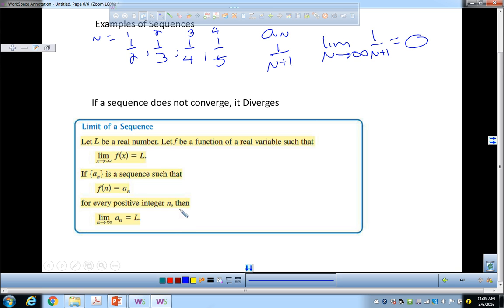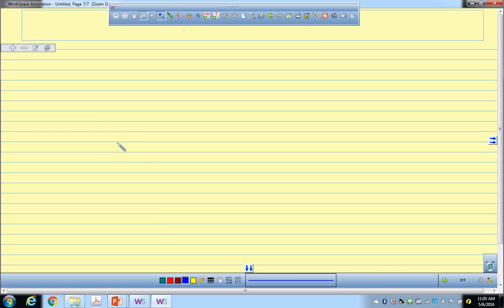Let's try 2 more, and then we'll try one that's a little trickier, and then one that's trickier still. These look very scary, but they're not.